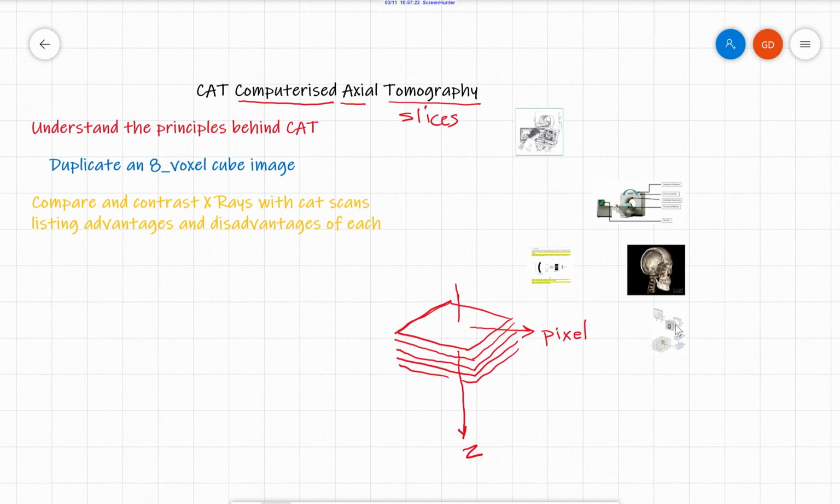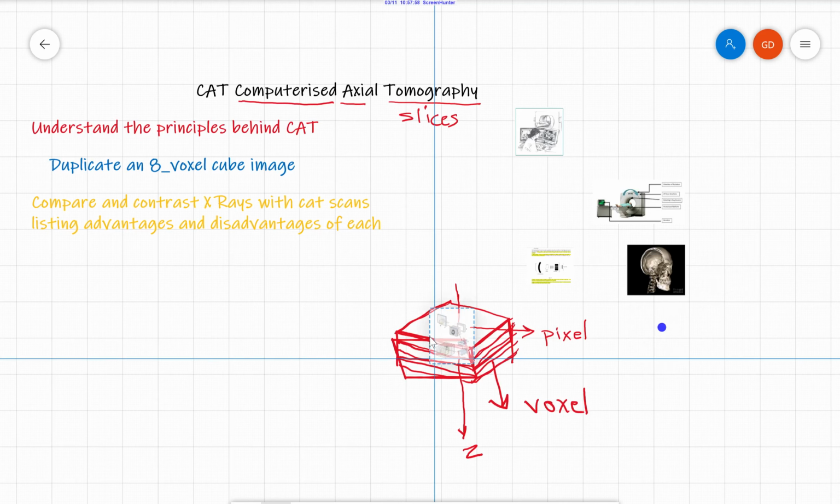Every time we slide the patient, we take images from several angles until we build a three-dimensional unit. This three-dimensional unit is what we call the voxel.